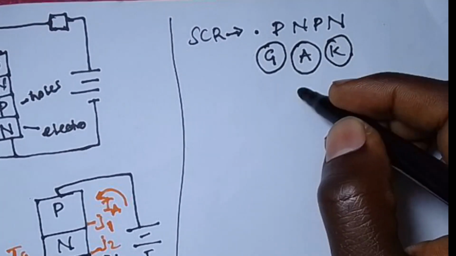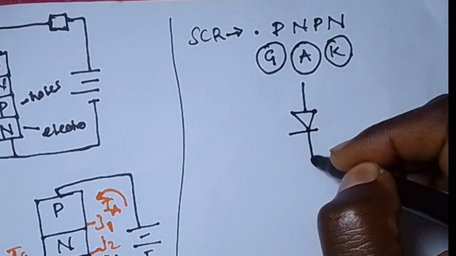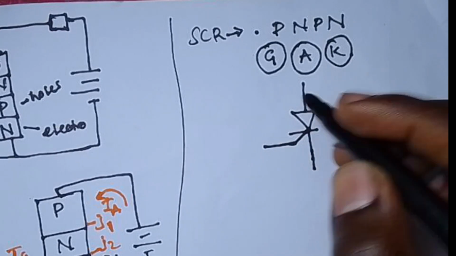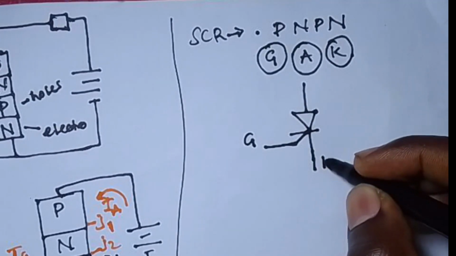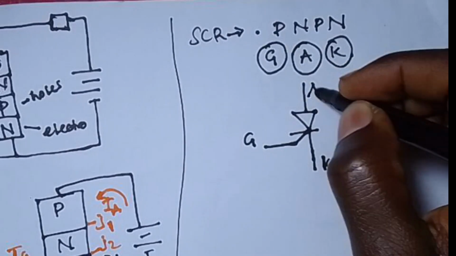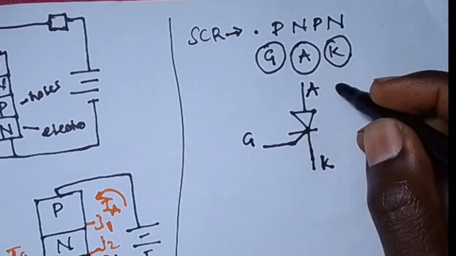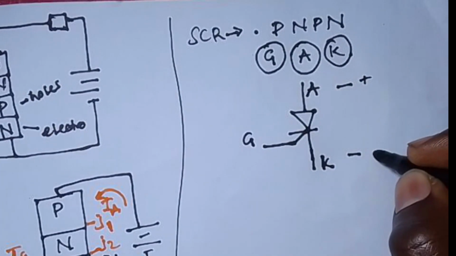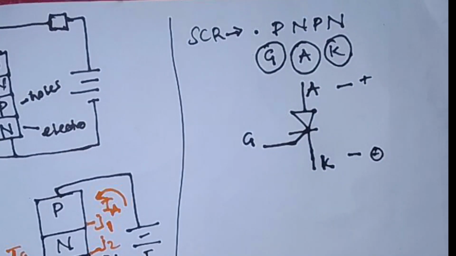So we need to know also its symbol, that its symbol is such that it is like a diode, but with a certain input here, which is what we call a gate. This is the cathode and the anode. So under normal operation, the anode is kept positive relative to the cathode.